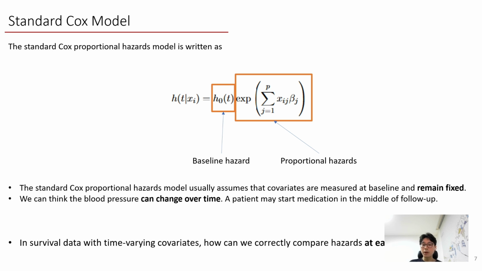In real data, blood pressure can change over time. Patients may start medication in the middle of follow-up. So the main question is: in survival data with time-varying covariates, how can we correctly compare hazard and its change in time?